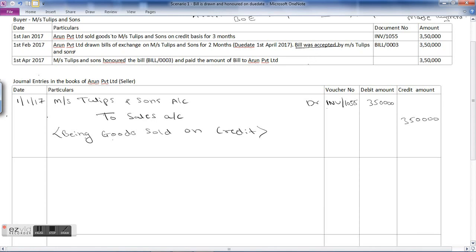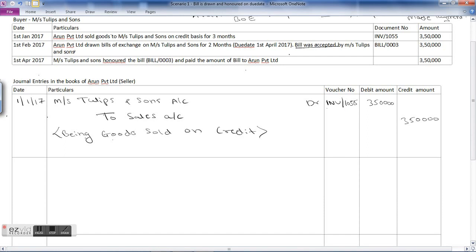Now Arun Private Limited has drawn a bill, so for Arun Private Limited the amount is receivable from Messrs Tulips and Sons. For Arun Private Limited, the bill will be known as bills receivable, whereas for Tulips and Sons, the same bill will be known as bills payable, since the amount is payable by Messrs Tulips and Sons to Arun Private Limited.